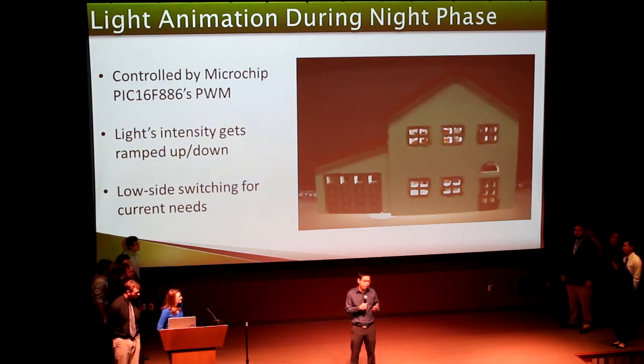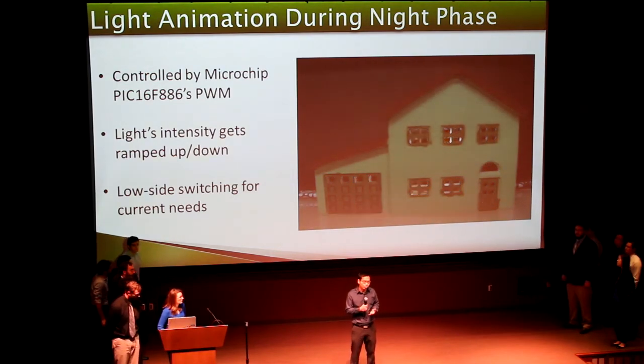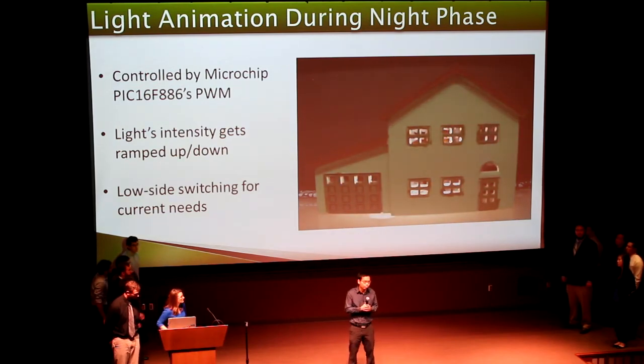It will get ramped up or down depending on whether people just get home or when they go to sleep. And to accomplish this, we utilize the PWM peripheral of our microcontroller. The output of the PWM will be the duty cycle, and by increasing or decreasing the duty cycle, we can change the intensity of the light.